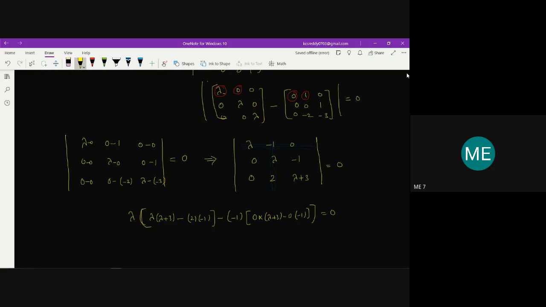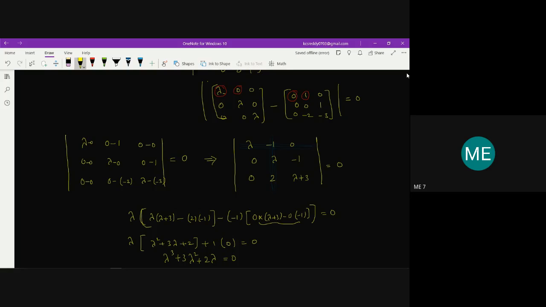So lambda square plus 3 lambda plus 2, then the second part becomes 0 minus 0, which is 0. So I'll be getting lambda cube plus 3 lambda square plus 2 lambda equal to 0.